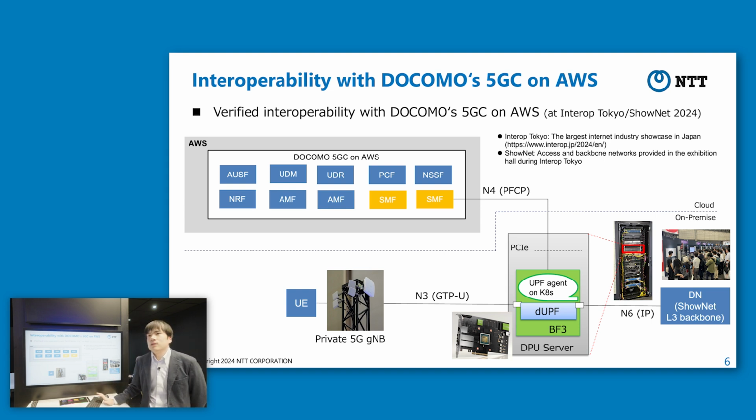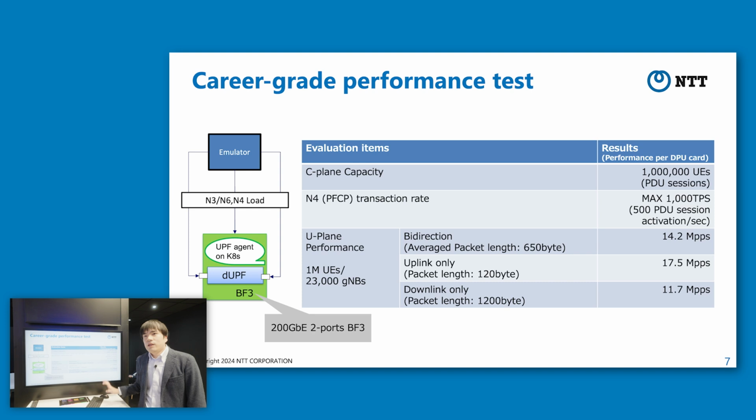Although we are not able to support all of Docomo's specifications, we are able to support the basic sequences such as registration and establishment of user sessions. In addition to simply connecting to Docomo's 5GC, we also conducted large-scale testing to see if our DUPF could meet carrier-grade performance. The detailed results are as shown in this table.